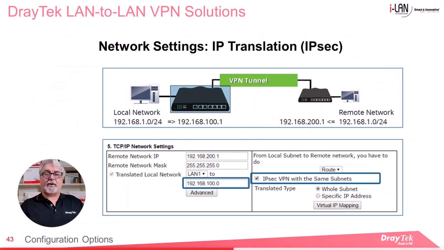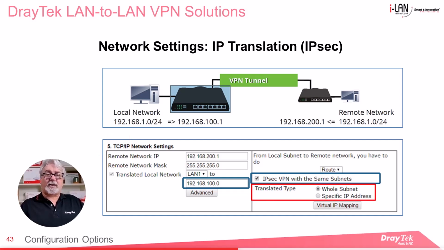For remote networks that use the same IP address space, DrayTek have added an IP translation feature which uses a virtual IP address to avoid routing conflicts. This feature is available for IPsec VPN tunnels. IP addresses that are not defined in the virtual IP mapping list will be blocked from the VPN tunnel. This option is available in TCP/IP network settings in the VPN profile.